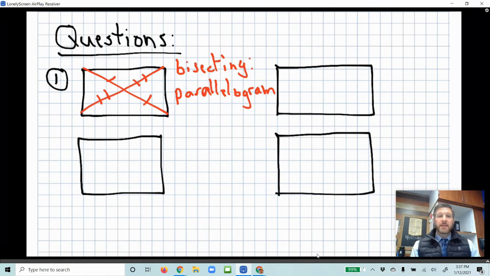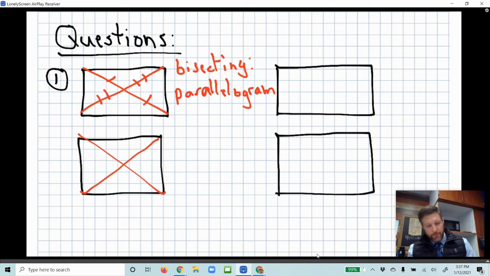From that, you can have more complexity to the diagonals. Contrary to the picture, say we know that they are perpendicular. If the diagonals are perpendicular, at a 90-degree angle, if you remember, that is an attribute of a rhombus. So if they meet at 90 degrees, you have a rhombus.